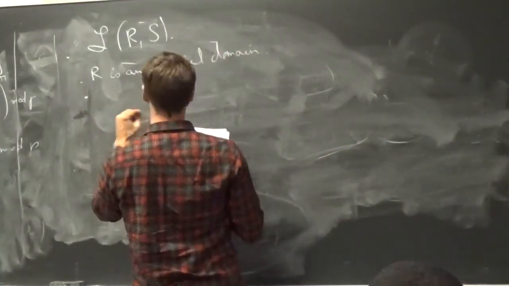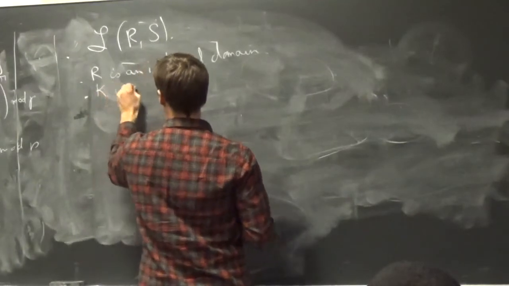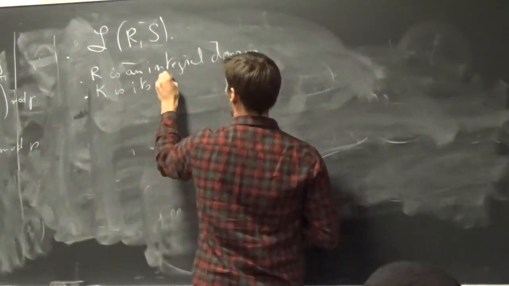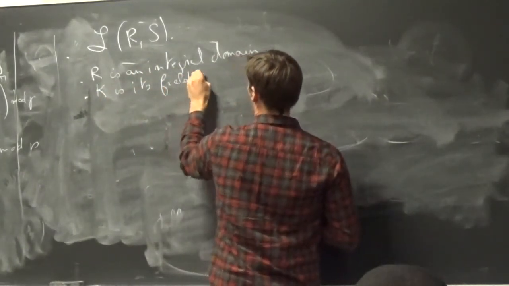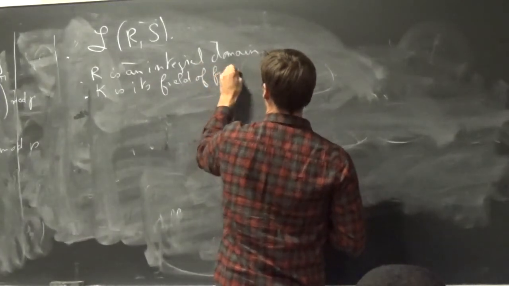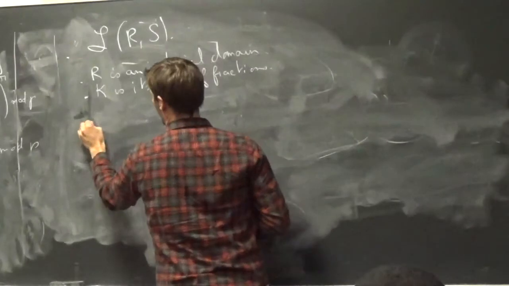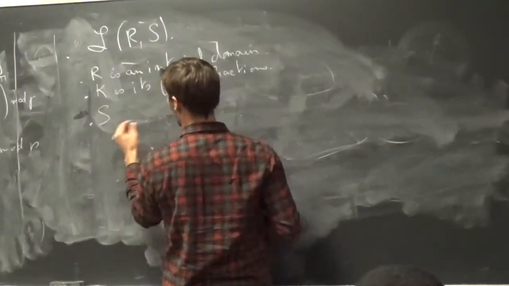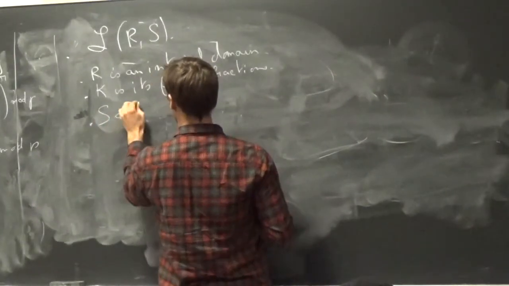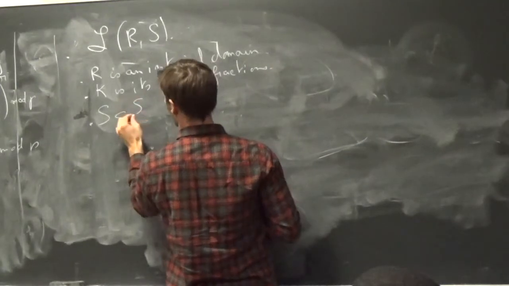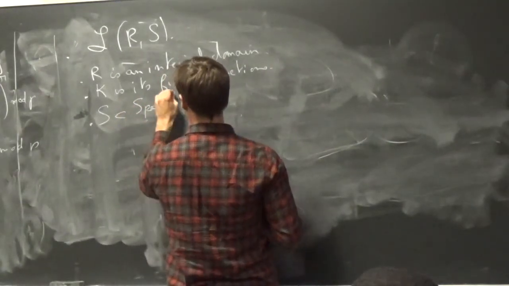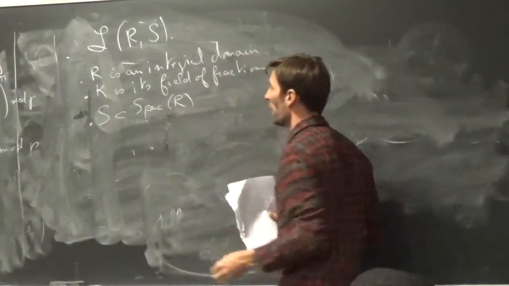K is its field of fractions. S is a set of prime ideals in R.